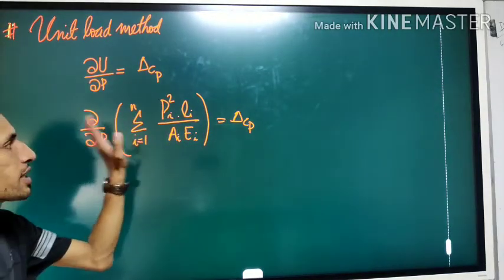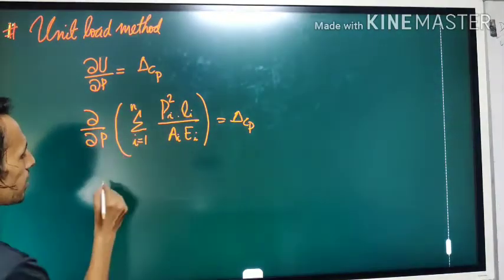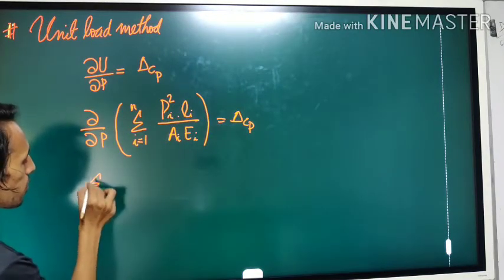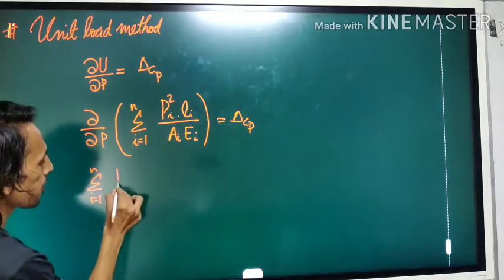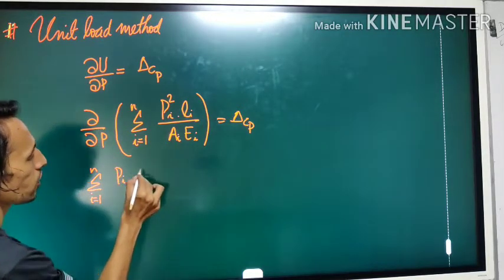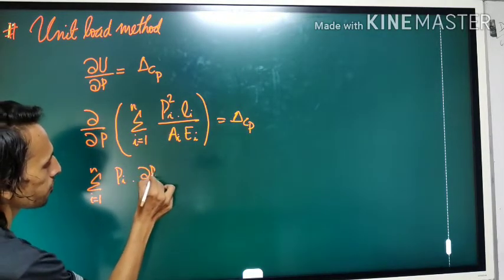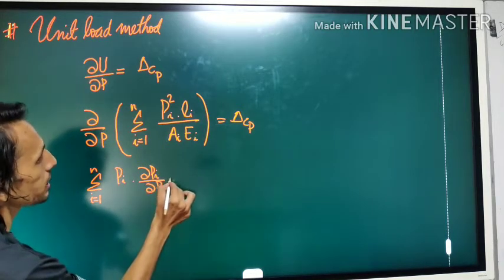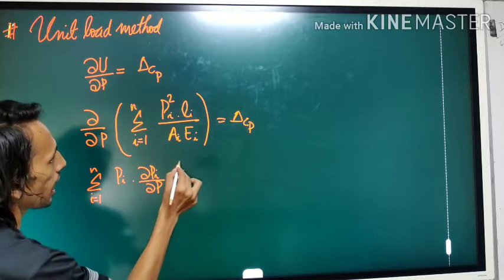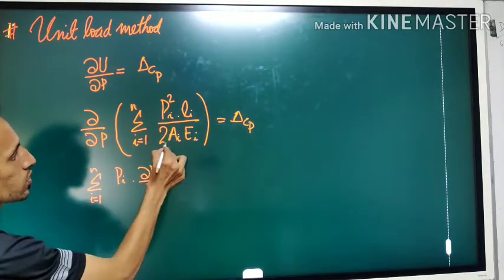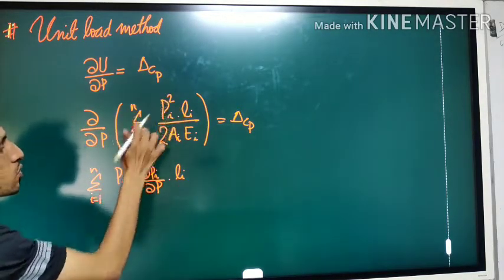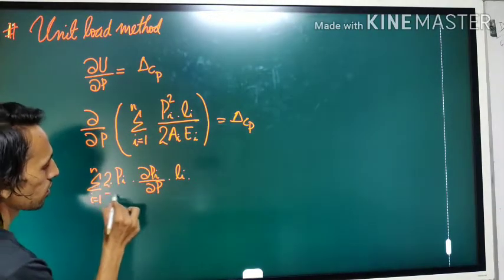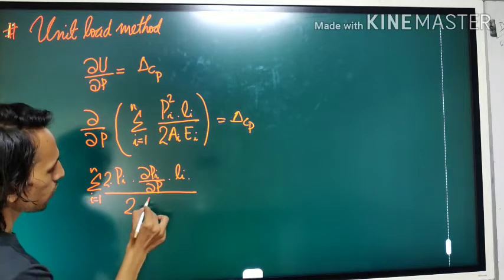Now if you further differentiate it, you will get the summation for i from 1 to n of Pi times dPi by dP times Li, sorry, here it was 2, so this 2 will be there, divided by 2 AE.